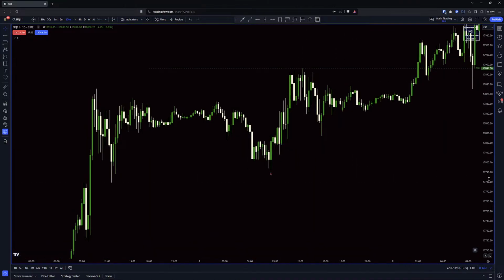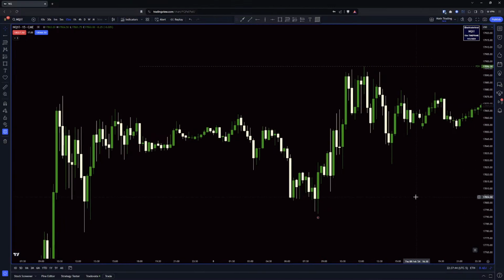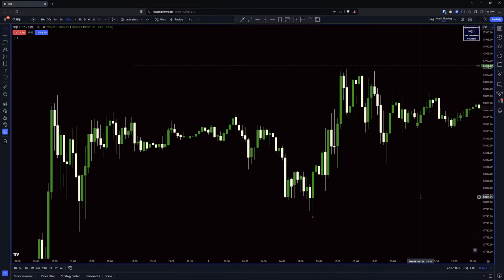And this was the move that really got me interested in Power 3. You know, I of course was always interested in it and I knew about it, just from visually seeing an accumulation, a manipulation, and a distribution.